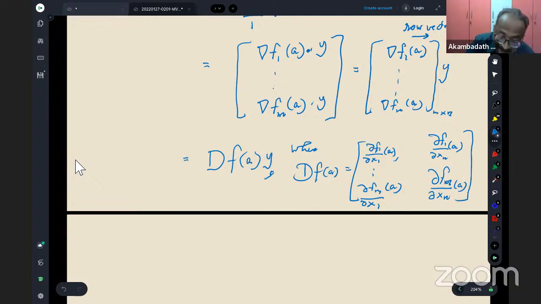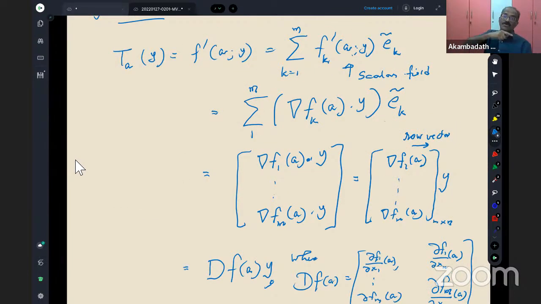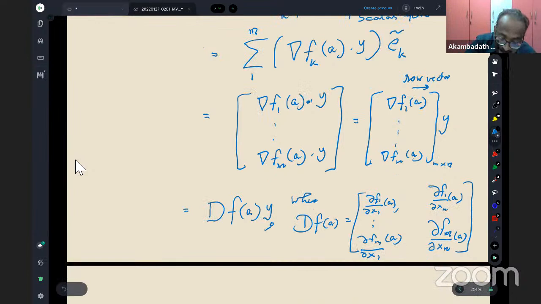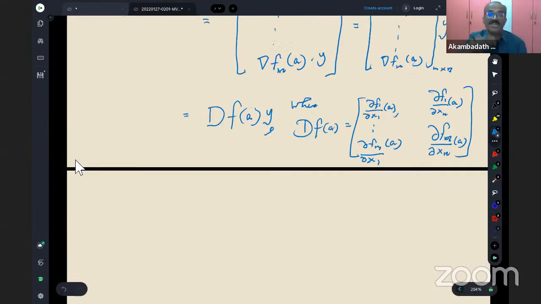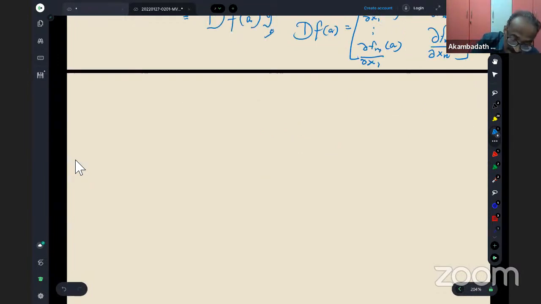So you see, instead of the gradient for each row corresponding to the scalar field, you put those gradients together, you got a matrix, and that's natural, and that's a matrix representation of your linear operator. And this DF at A, the matrix representation corresponding to it, is called the Jacobian. So you can work out many examples now.